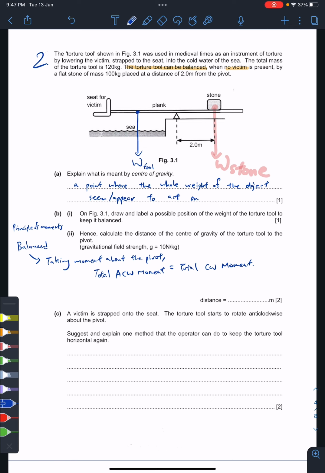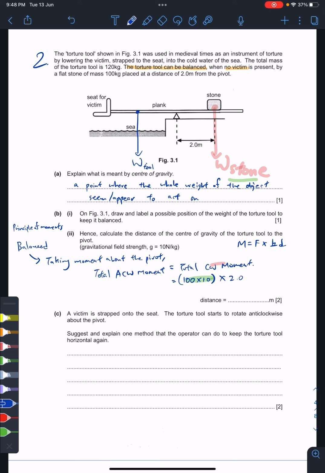So in this case, your clockwise moment is the one in red, your stone. Recap, your moment equals F times perpendicular distance. Your F, they say, is 100 kg, so 100 times 10, this is your weight of stone, times 2.0.